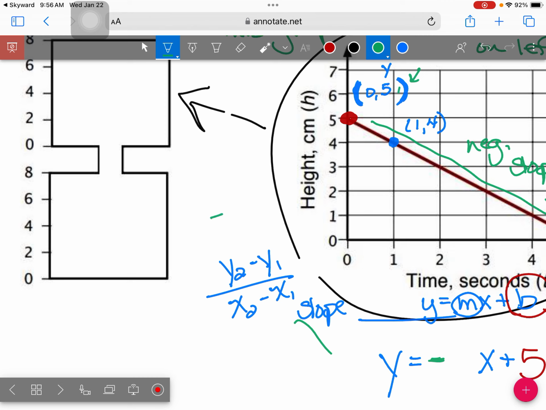So that would be 5 minus the y coordinate 4, all divided by 0 minus 1. 5 minus 4 is 1. 0 minus 1 is negative 1. 1 divided by negative 1 is... What is 1 divided by negative 1? Anyone? Xander.